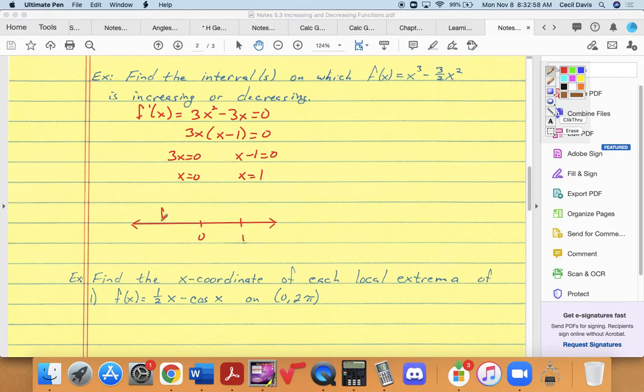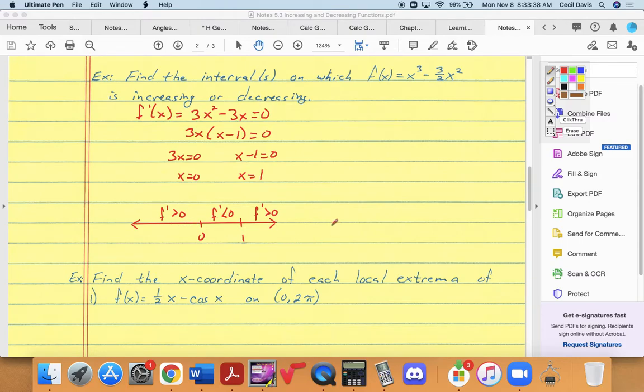So that means that f prime is greater than 0 here, f prime less than 0 here, f prime greater than 0 here. And as we discussed last week, if it's not as obvious, pick a value somewhere in this range, substitute it into the derivative, not into the original function, because we're interested in the sign of the derivative, and just figure out the sign. And that sign will not change in this portion of our number line.